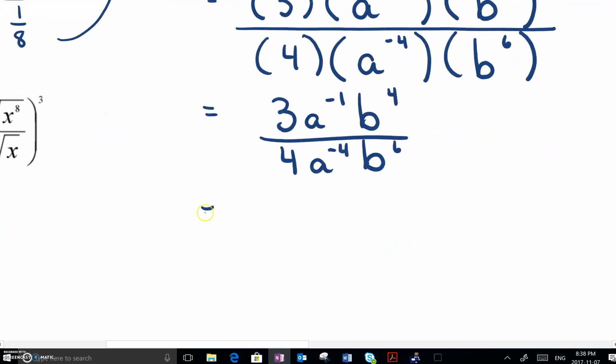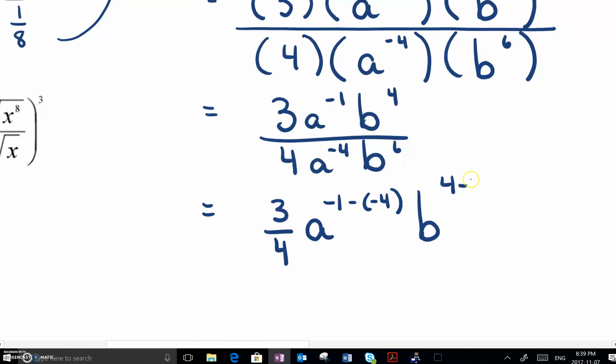We have some exponent rules to follow. We're going to keep the 3 over 4, keep the same base for a, and subtract your exponents. Since we're dividing the same base for a, we're going to keep the same base and subtract the exponents. Same thing for b. We're going to keep the base of b and subtract our exponents.